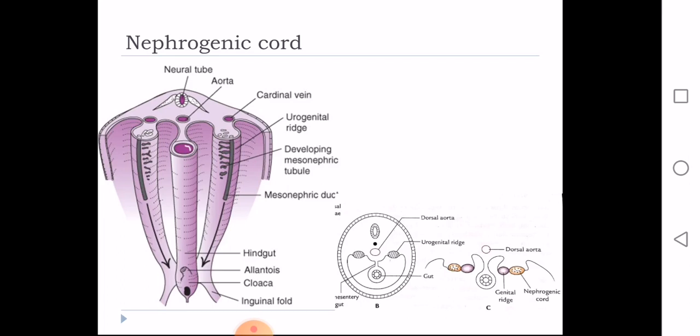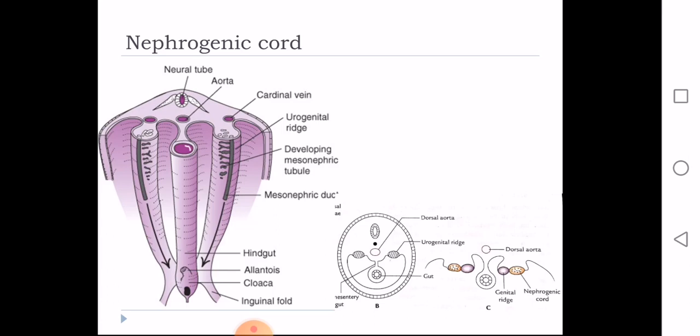So the middle bulging is your gut, and then it is connected by the dorsal mesentery, and you can also see the dorsal aorta there. On either side of this, you can see two elevations running down. That longitudinal elevation is called the urogenital ridge. Now look at the second diagram. Can you see the second diagram?